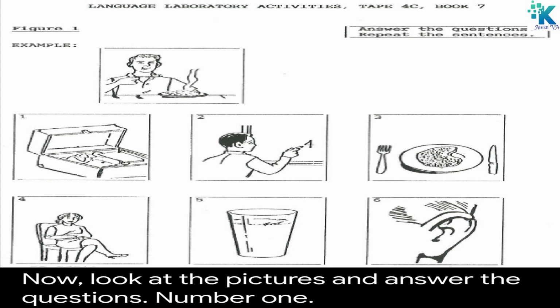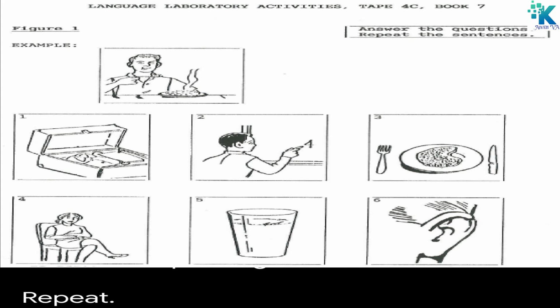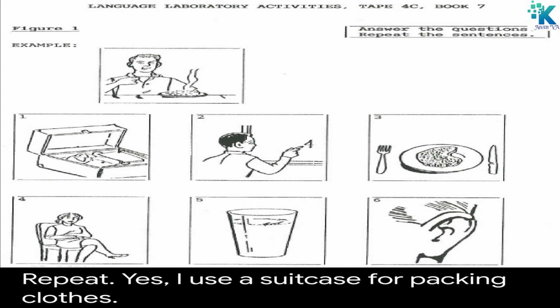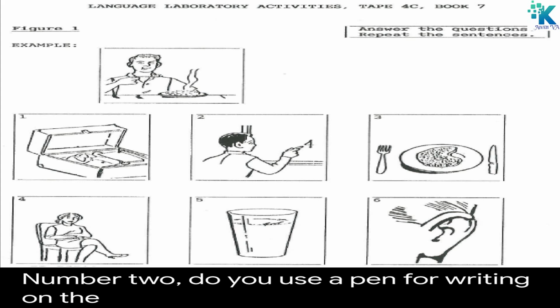Number 1. Do you use a suitcase for packing clothes? Repeat. Yes, I use a suitcase for packing clothes. Number 2. Do you use a pen for writing on the blackboard?